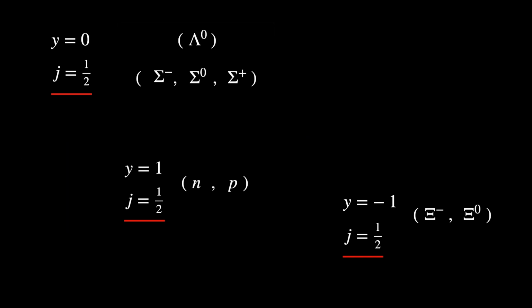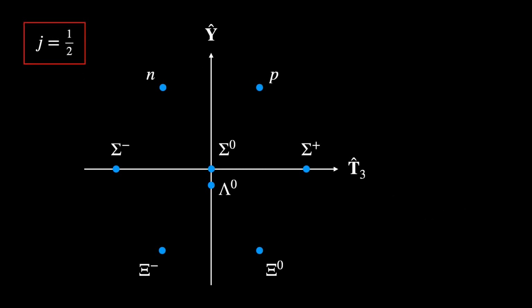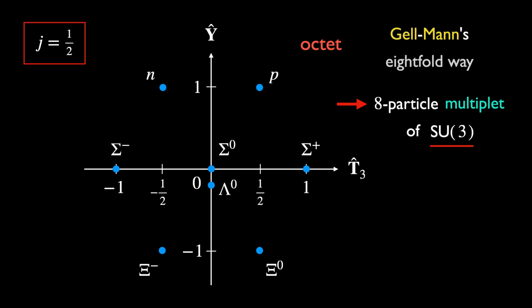These fit together in a very nice pattern. This is the 8-particle multiplet we are talking about, also known as an octet. Gell-Mann called this the eightfold way.